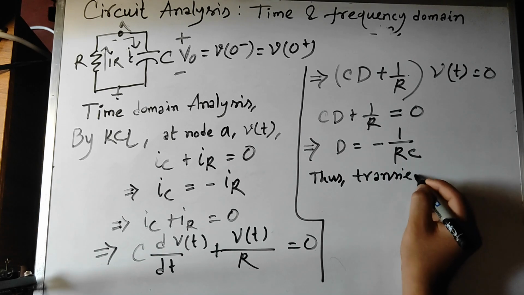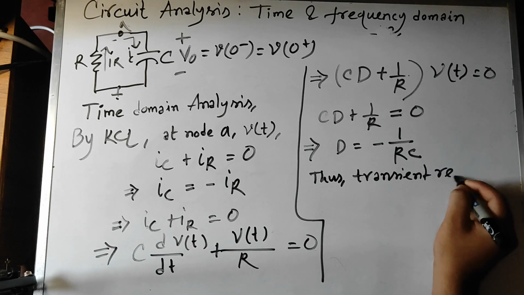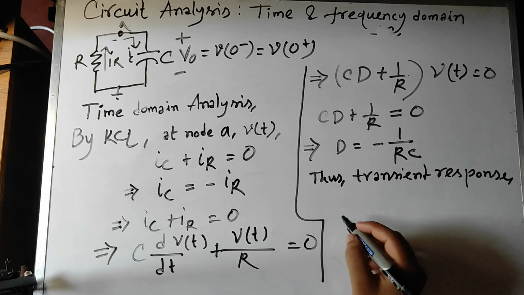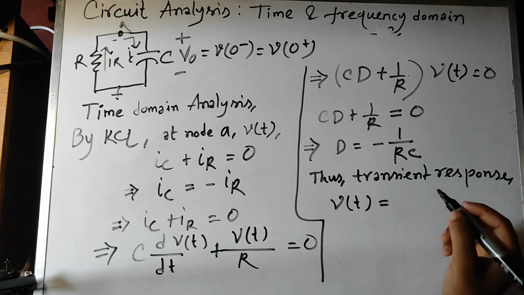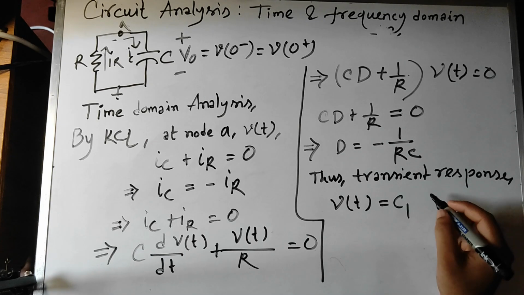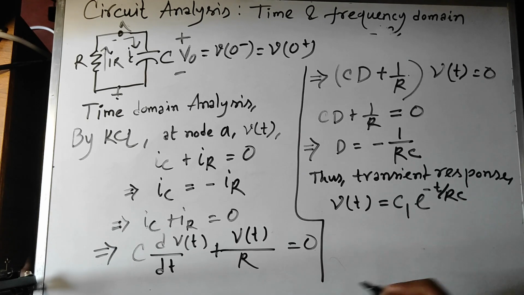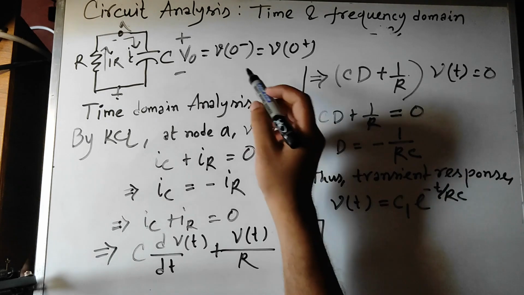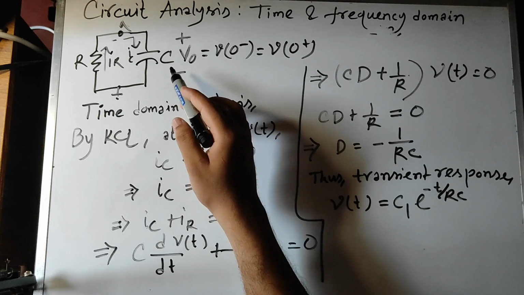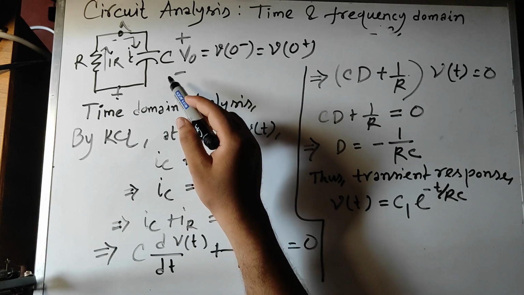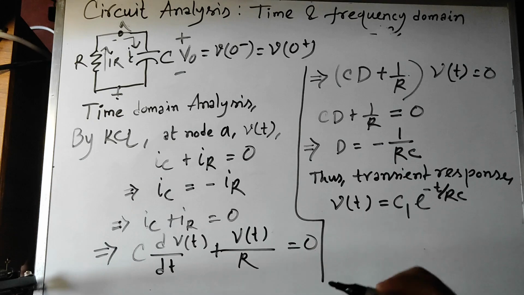Transient response, let us say, is an arbitrary constant C1 e to the power minus t by RC. This is the response of the circuit. Now we have to find the arbitrary constant. At t equals 0, the initial voltage across the capacitor is V0, the DC value.